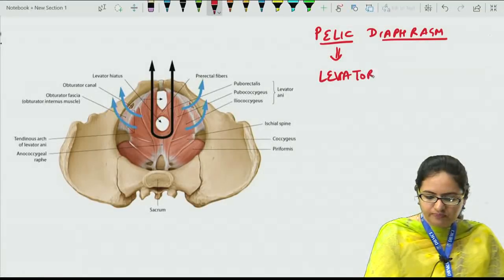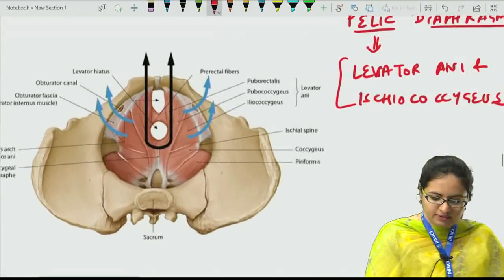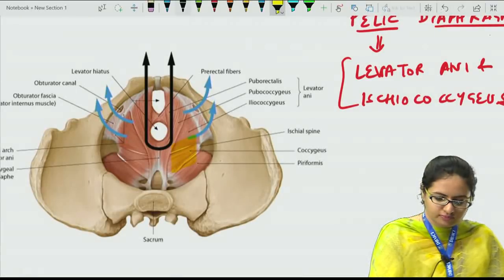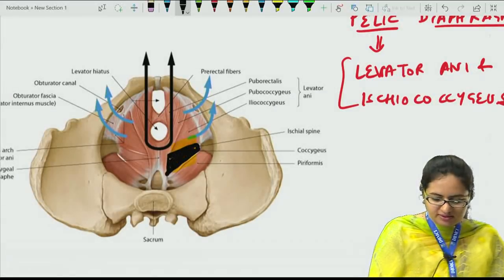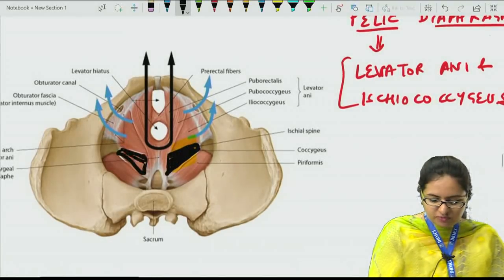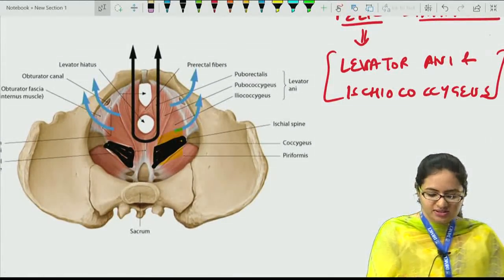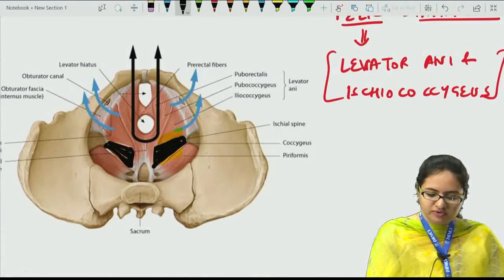The levator ani and ischiococcygeus. If we see over here, this is the location of the ischiococcygeus, present on either side towards the posterior aspect of the pelvic diaphragm. Towards the anterior side, the muscle fibers present are those of the levator ani.